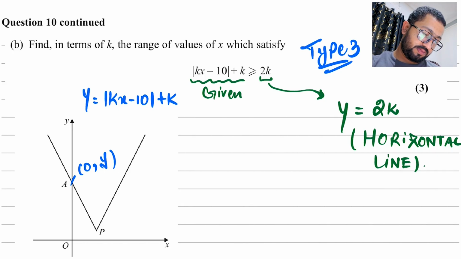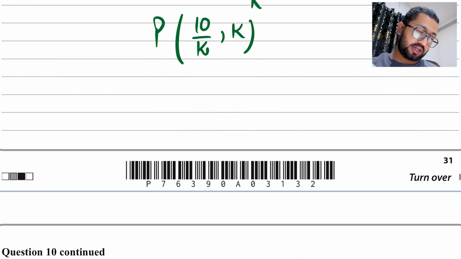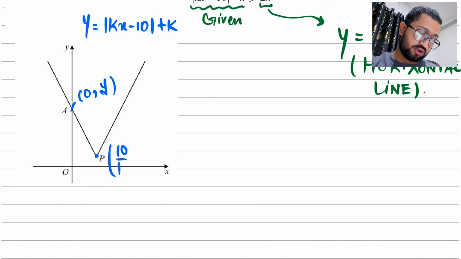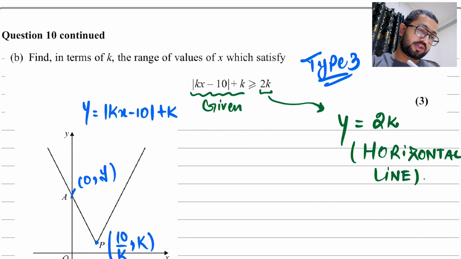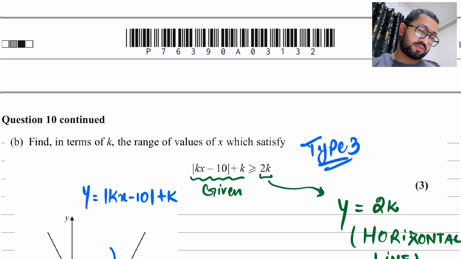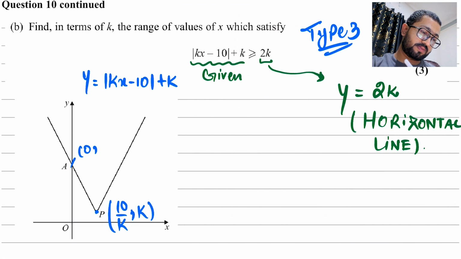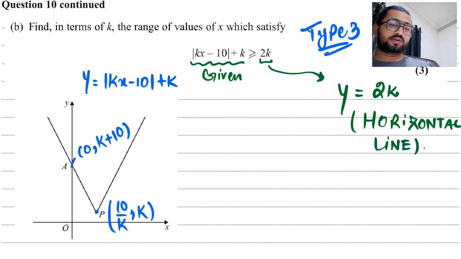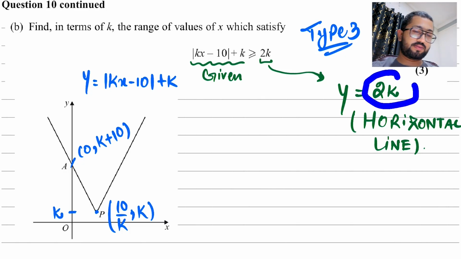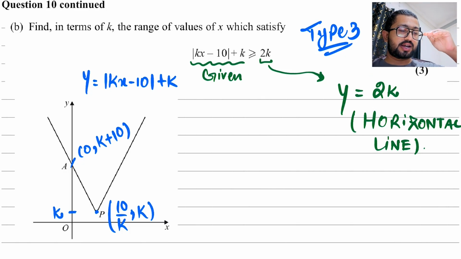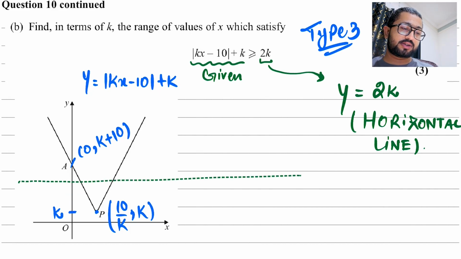So let's mark the point P, (10 over k, k), and the A point is (0, k plus 10). Alright, so that value is actually k. So where will be the value of 2k? 2k obviously lies above the k value. So that should be a horizontal line.